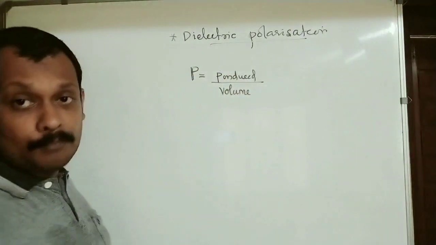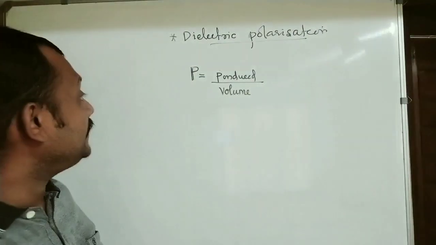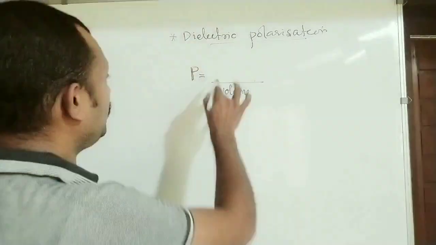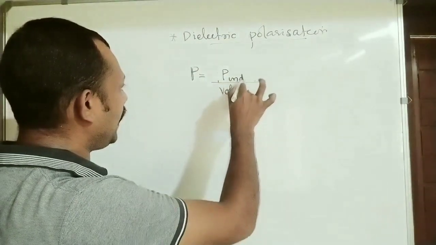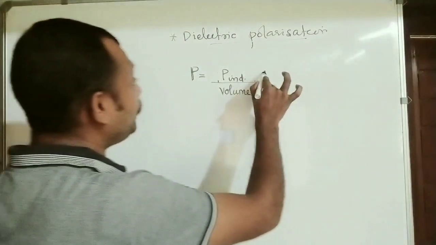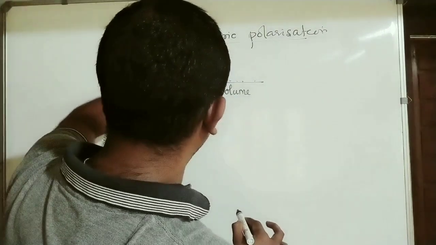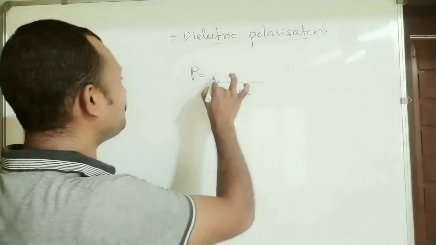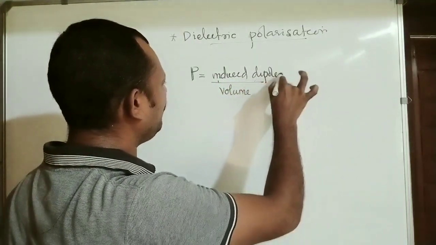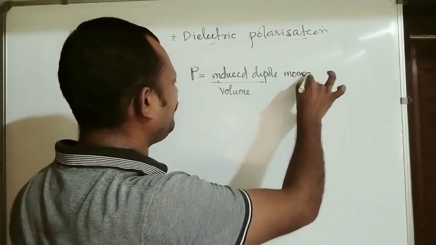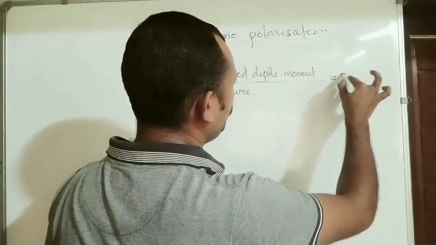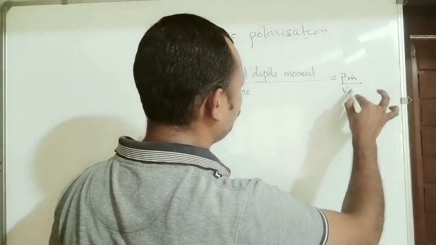The dipole moment. Small p induced is the induced dipole moment per unit volume. Better to write it in complete form: induced dipole moment divided by volume.